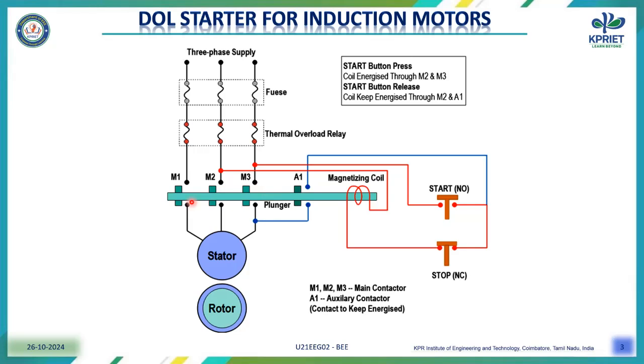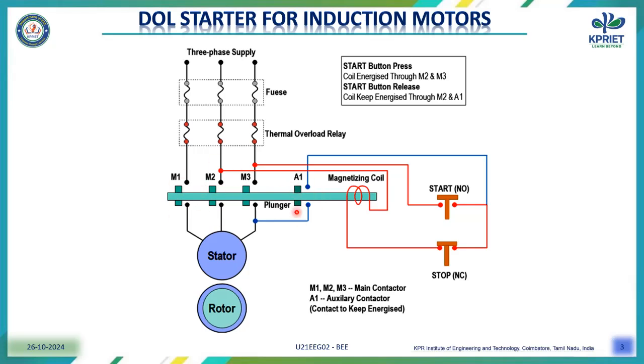Then we are going to see the functionality of the starter. We connect a setup arrangement consisting of a plunger connected with the four points M1, M2, M3 and A1. M1, M2, M3 represent the main contacts.